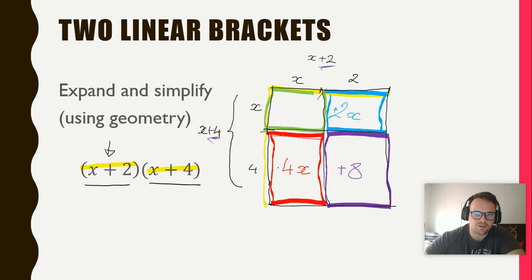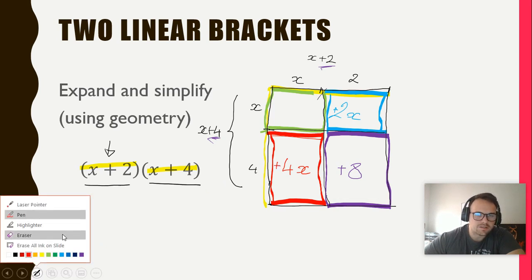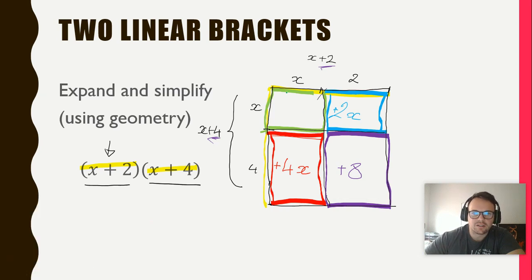The red one, we forgot about the sign, that's positive as well. The last one is the green square, because it measures x and x. So x times x equals x squared.